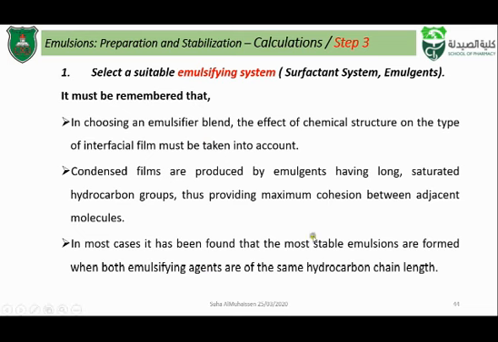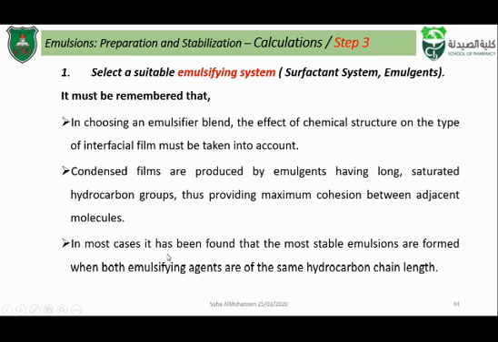Also remember that in choosing an emulsifier blend, the effect of chemical structure on the type of interfacial film must be taken into account. These condensed films are produced by emulsifiers having long saturated hydrocarbon groups, thus providing maximum cohesion between adjacent molecules.